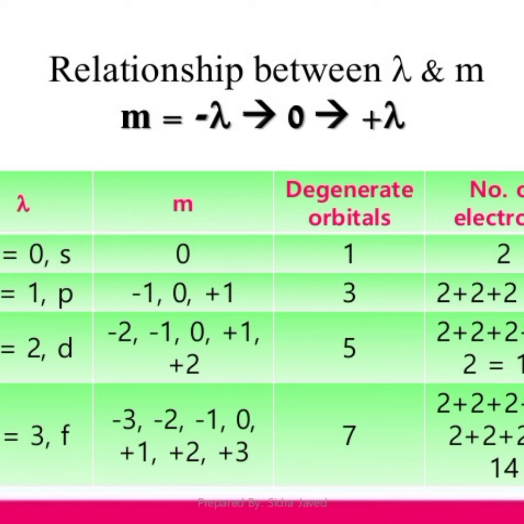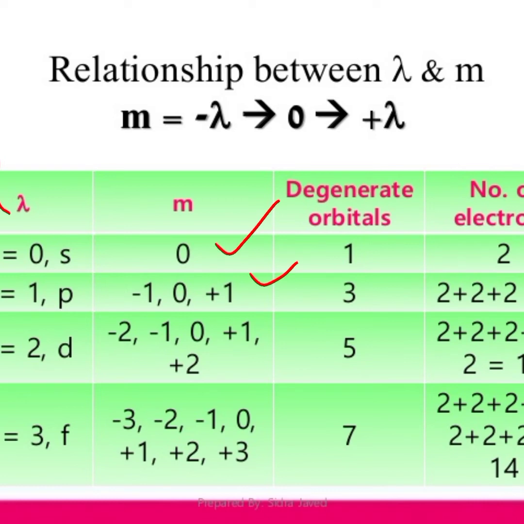So if l is equal to 0, the shape of the shell will be s. l equal to 1, p; l equal to 2, d; l equal to 3, f. So the value of m for s is 0, for p it is minus 1, 0, plus 1, and in this manner it will go on.